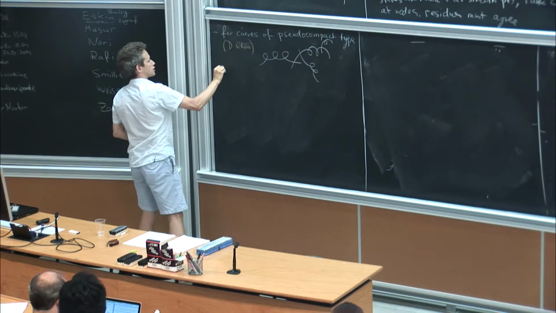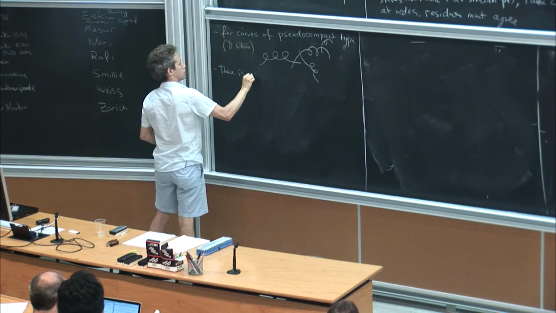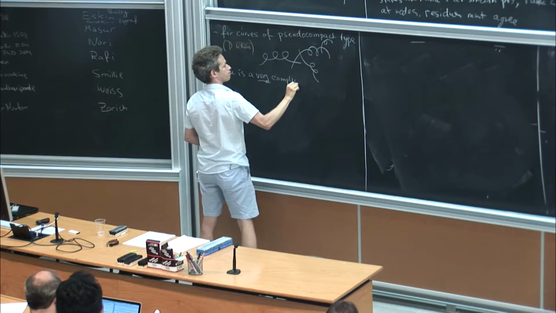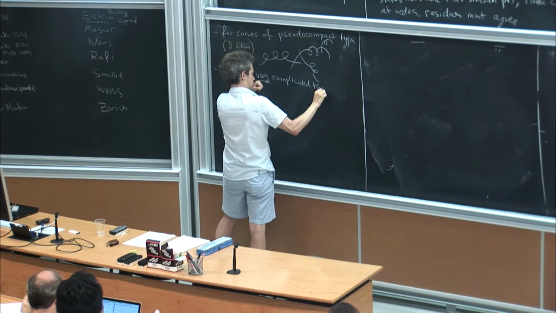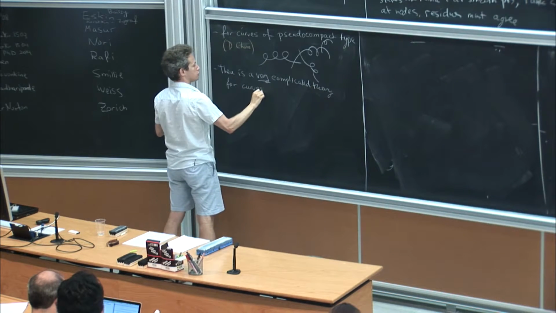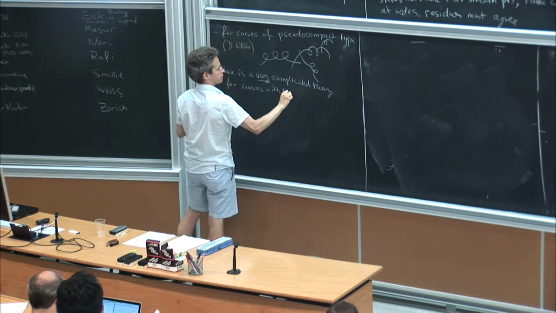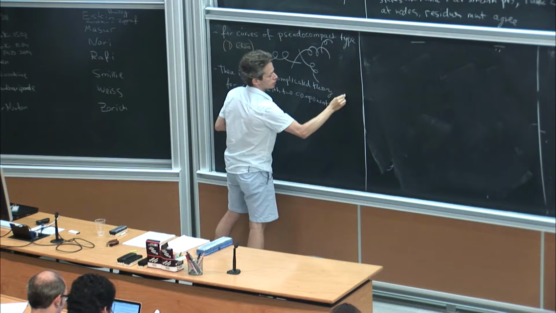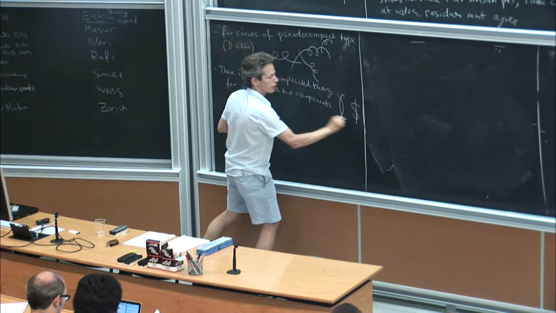So there is a very complicated theory for curves with two components. So this includes the banana and the dollar.